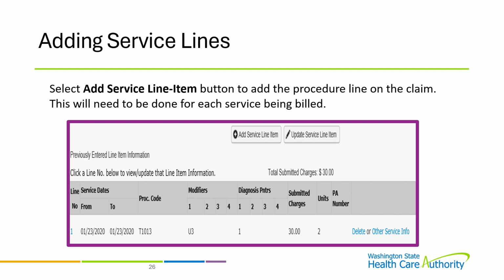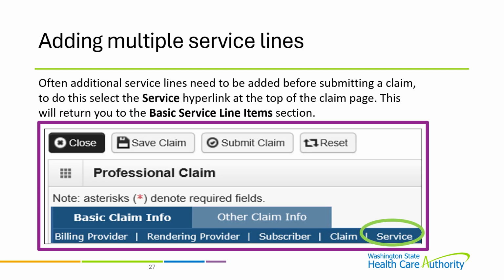ProviderOne will then refresh the screen and bring you to the top of the claim form. If you need to add an additional service line before submitting your claim, you may do so by choosing the service hyperlink at the top of the page, which will direct you back to the basic service line item. You will then follow the steps previously mentioned.